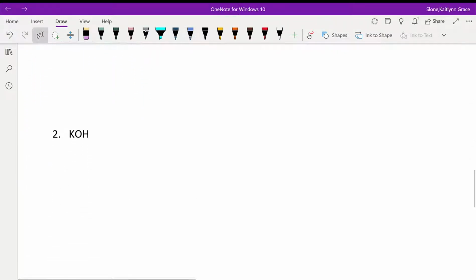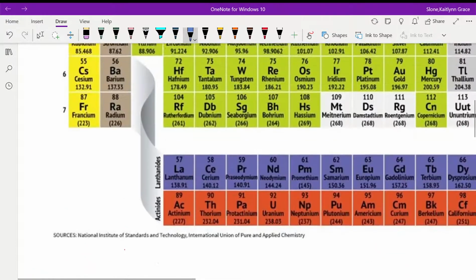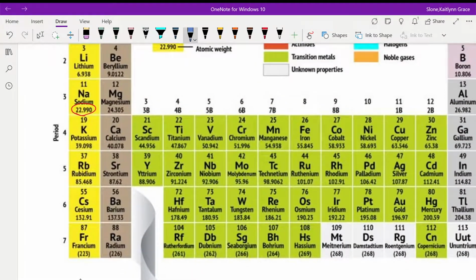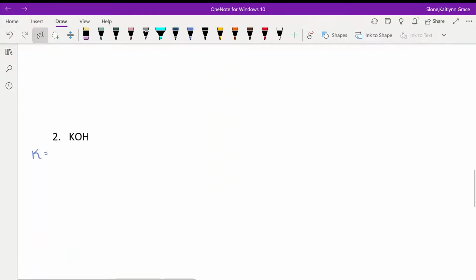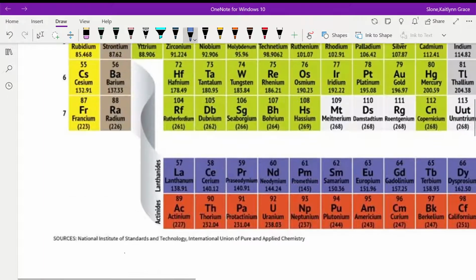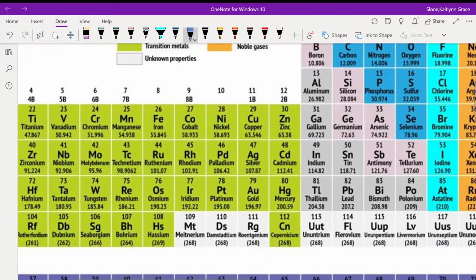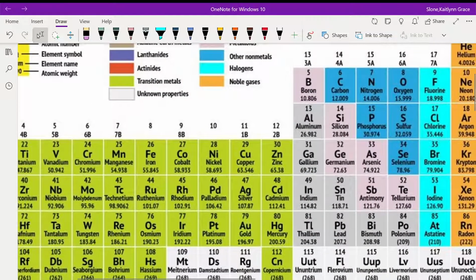All right, the next one. We have potassium hydroxide, or KOH. So potassium, we go up here, we find potassium, it's 39.098. Oxygen is 15.999.